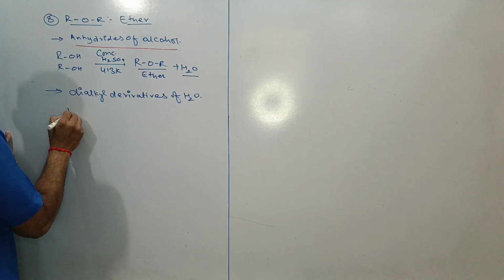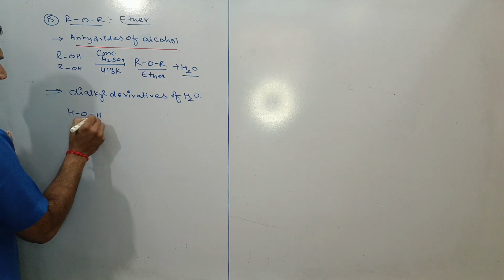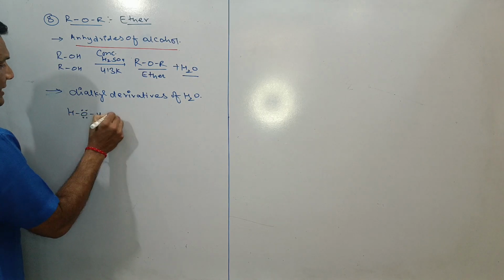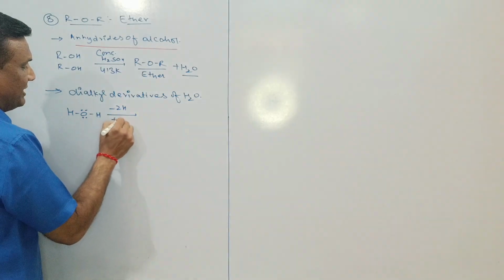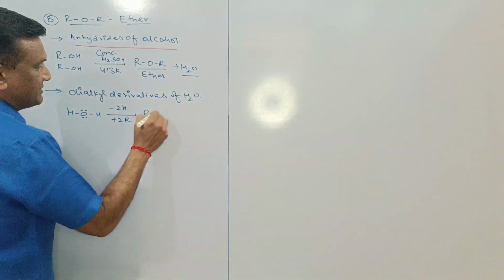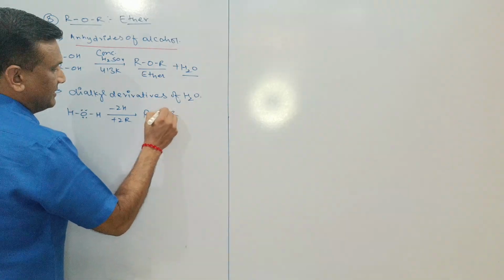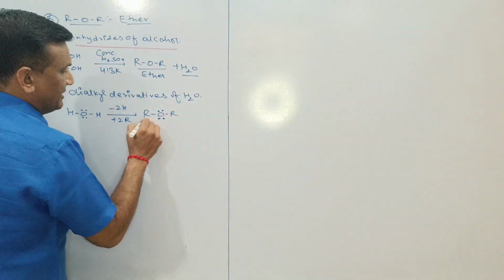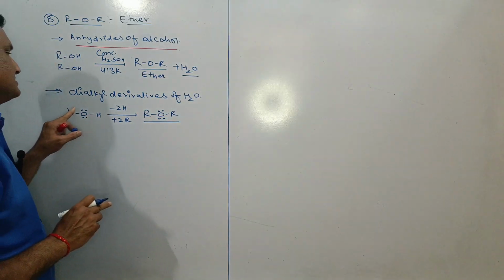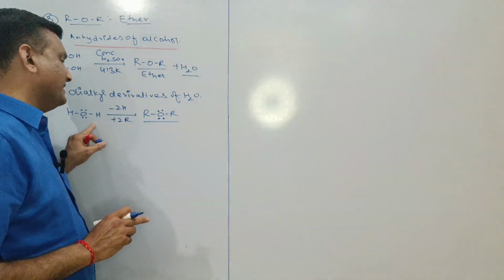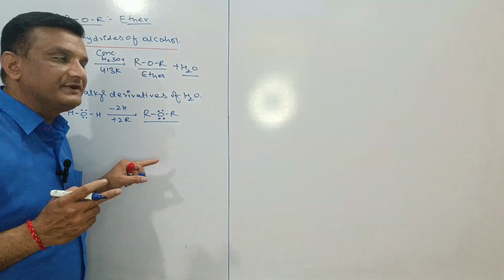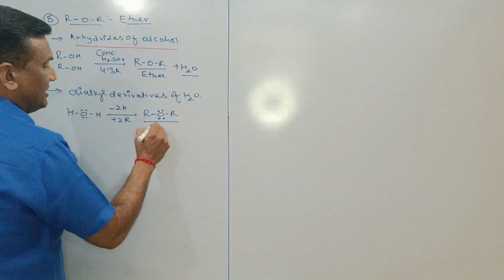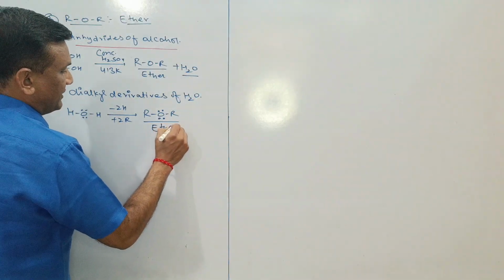Suppose this is the structure of a water molecule, and if I replace the two hydrogens with two alkyl groups, then there will be formation of ROR. That's why we call ethers dialkyl derivatives of water. वाटर के दोनों हाइड्रोजन को रिप्लेस किया अपने अल्काइल ग्रुप से, that's why the ether is formed. So this was about the important things of the ether.